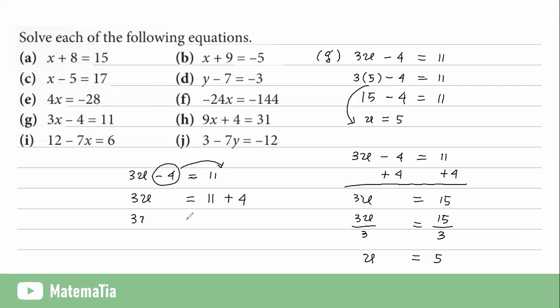So 3x is equal to 11 plus 4 is 15, right? And then we have to find the value of x by changing this number into the right-hand side of the equation. Because 3x means 3 times x, if we change 3 to the right-hand side of the equation, it will be division. So x is equal to 15 divided by 3. So x is equal to 5.